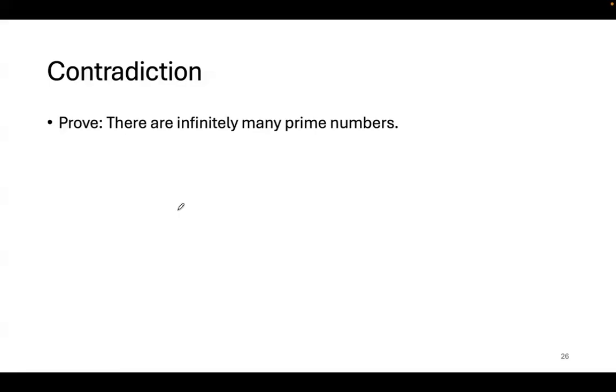Okay, so we want to prove that there are infinitely many prime numbers. Remember, a prime number is a number that, what? Divisible only by itself and 1, right? So there is also a theorem we can cite that any number is divisible by a prime factor, right?